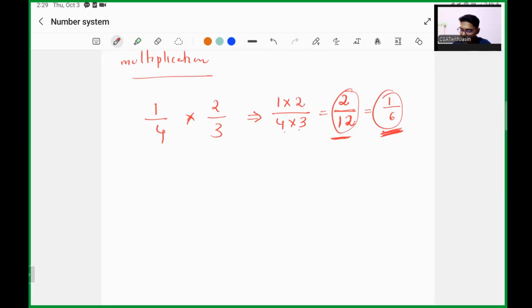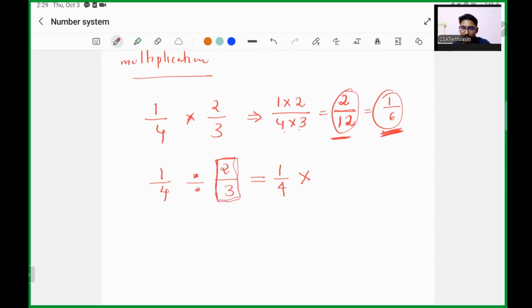Now what about division? Let's say I need to do 1 by 4 divided by 2 by 3. So here what you need to do is make this division into multiplication. That is, I am changing it into 1 by 4 into. Then you need to make the second fraction into its reciprocal.